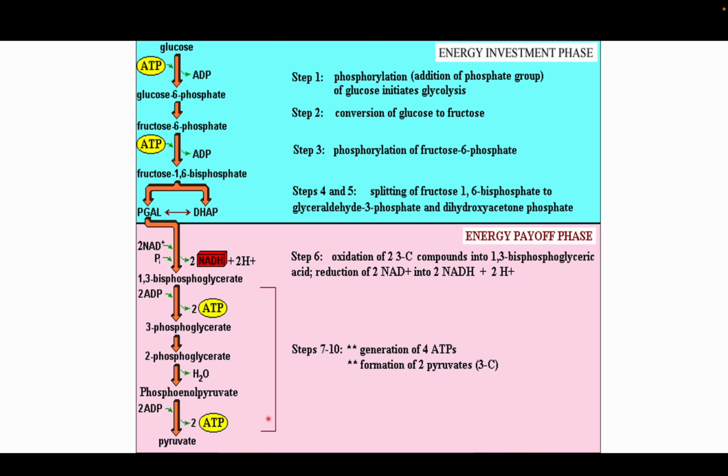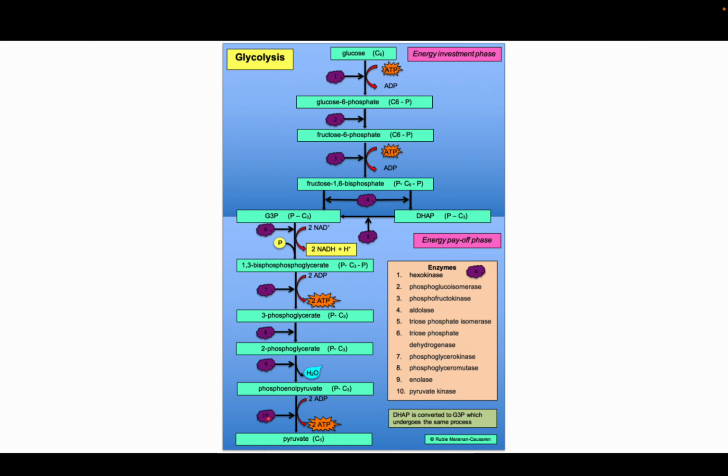So please do remember the steps for each stage, because they will be asked specifically during our examination. Please also take note of the different enzymes involved in the transformation of glucose to pyruvate or pyruvic acid.